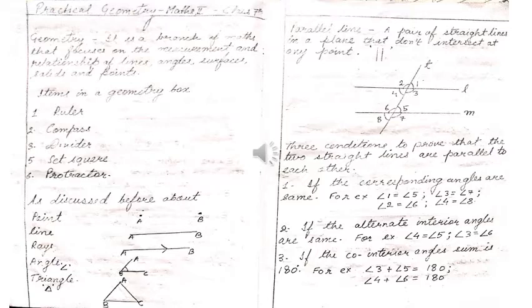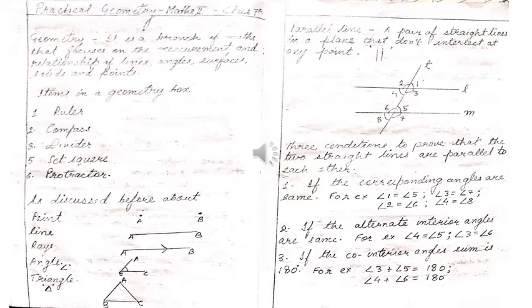Now the second condition: if the alternate interior angles are the same. What are the alternate interior angles? Angle 4 and angle 5, angle 3 and angle 6 are the alternate interior angles.